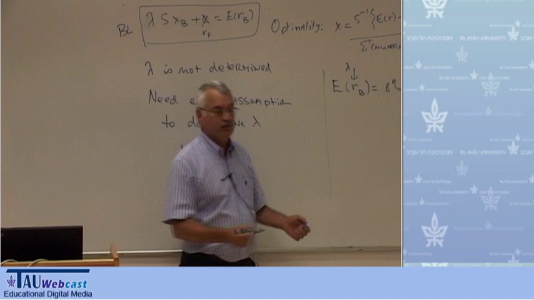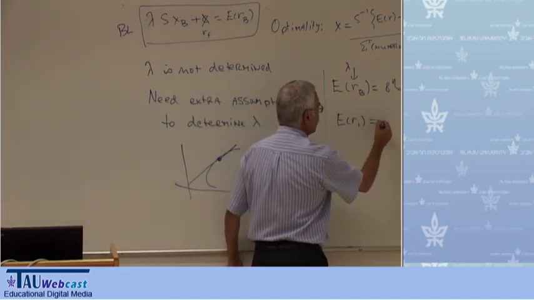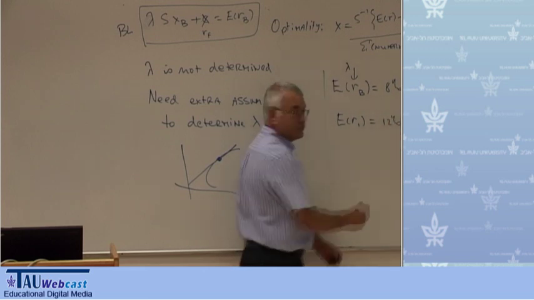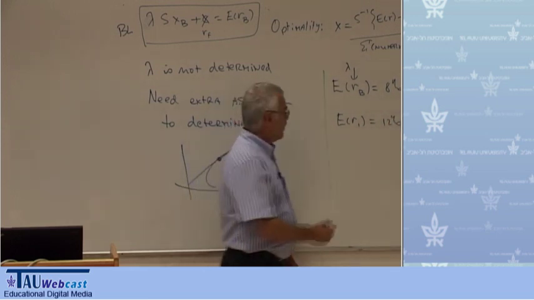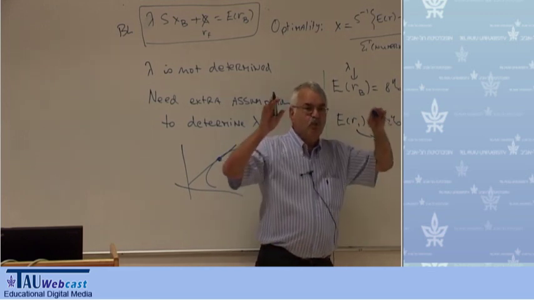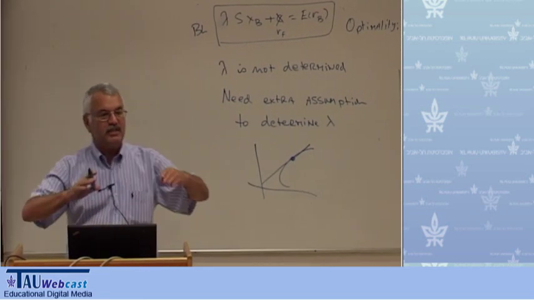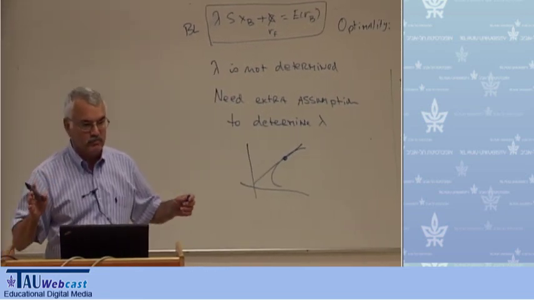But by the same token, you could say, I think the expected return on asset 1 is 12%. That also determines Lambda. You just need one extra fact. Somebody has to give you a fact that says something about market conditions.